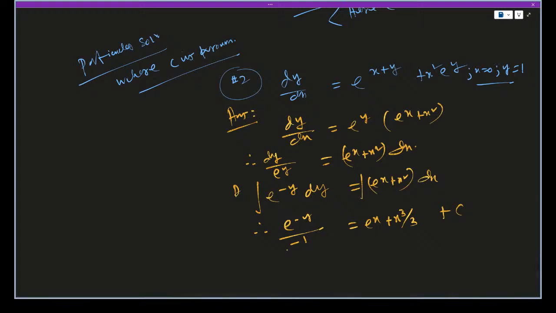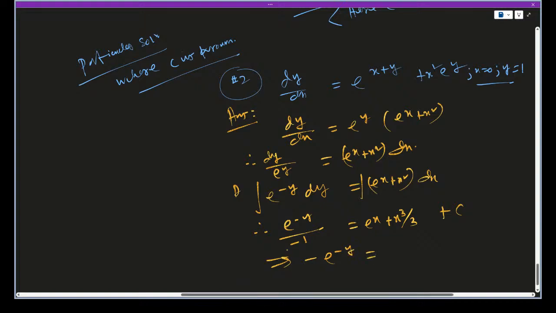So this will be, now is the condition given there.